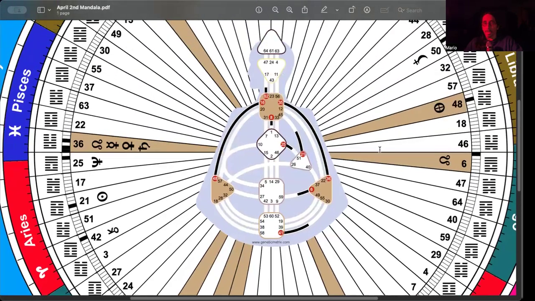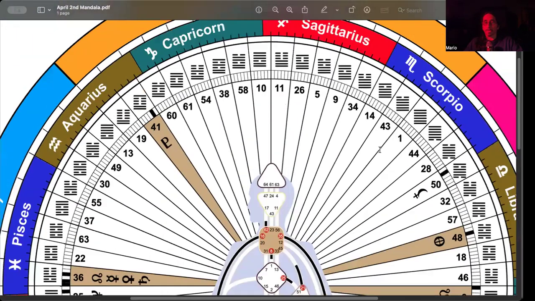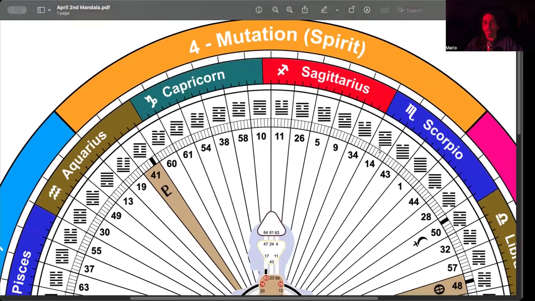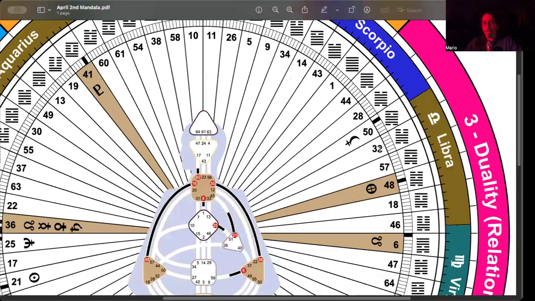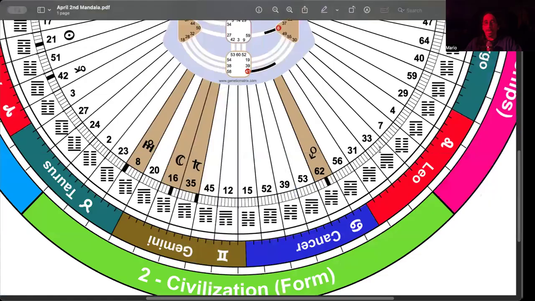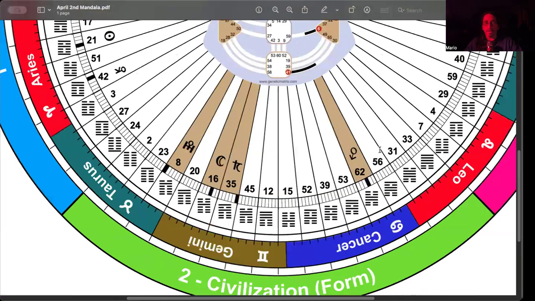You could see the whole mandala now, all the signs, and it goes around, and each quarter is ruled by a different theme. You see mutation up there in the 4th quarter, duality in the 3rd quarter, which is relationships, and civilization form on the bottom quarter, which is the 2nd quarter.